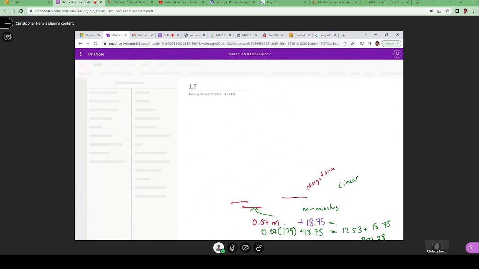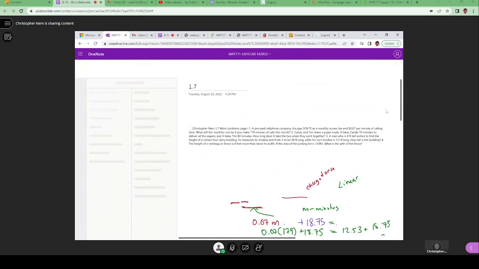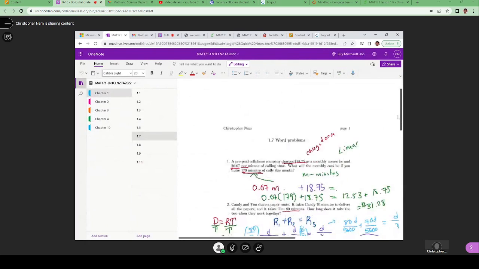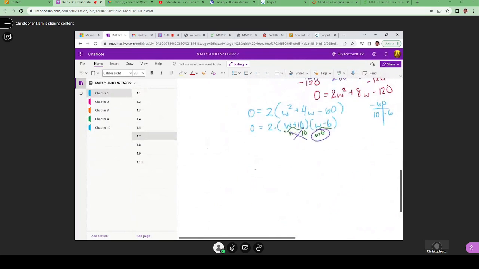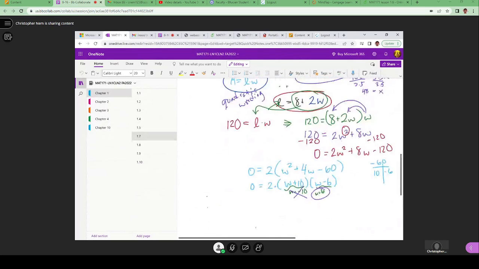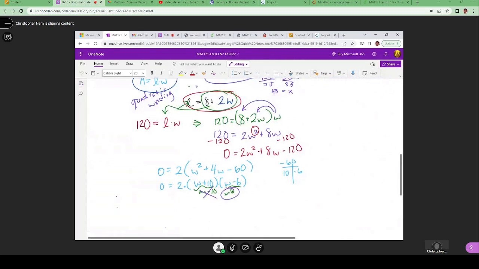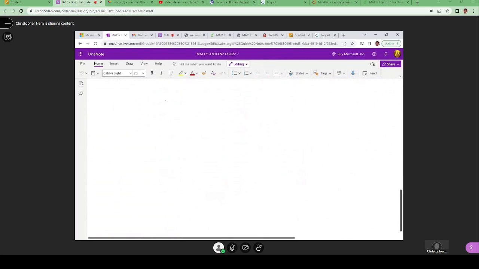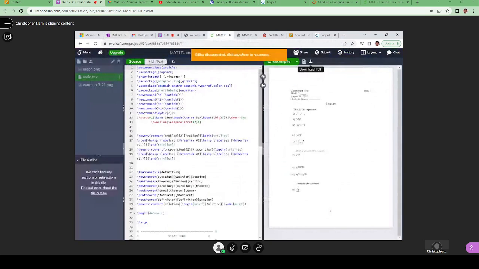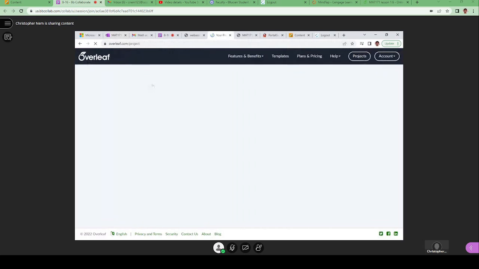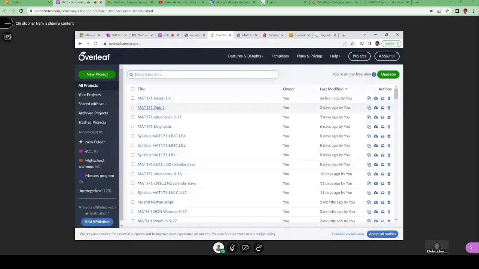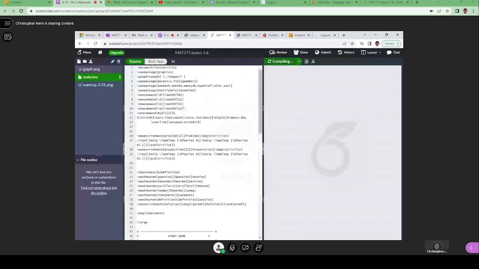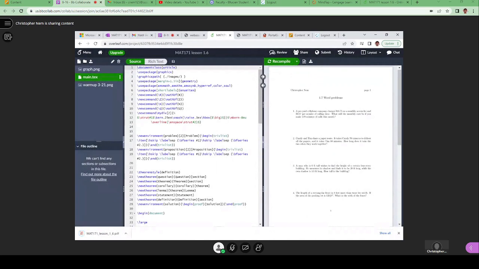Where's my file? Well, if this doesn't work, then let's go over here. Let's go up here. And then we'll go into this, which is supposed to be 1.7. I titled that incorrectly, so I apologize. But I might have to re-download this file.